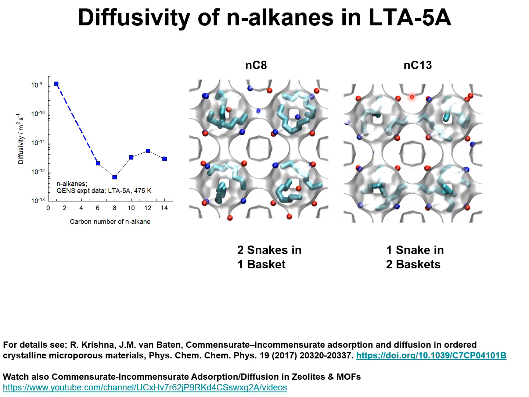In this case, for NC13, the length of the snake, which is NC13, is too long to accommodate within a single cage, and it divides itself between two cages. So we have a situation in which we have a commensurate occupation of the baskets. Here we have incommensurate occupation of baskets. Incommensurate occupation of the gas molecules results in higher diffusivities.